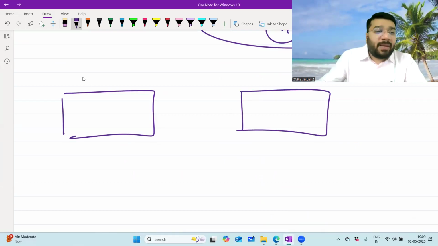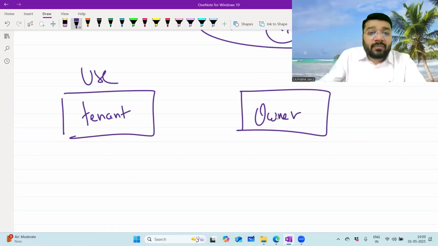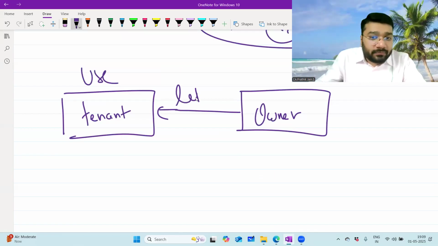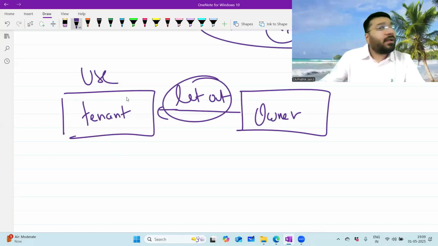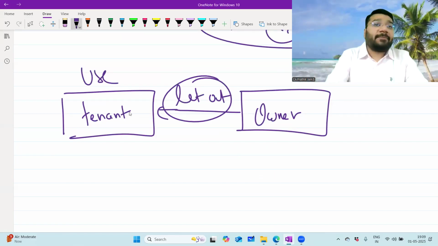I'm going to use the premises, so I'll be called the tenant. The person who's allowing me to use the premises is called the owner. This process is called the owner has let out this premises to the tenant.